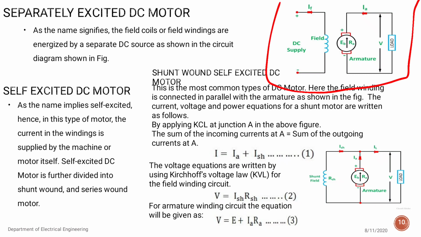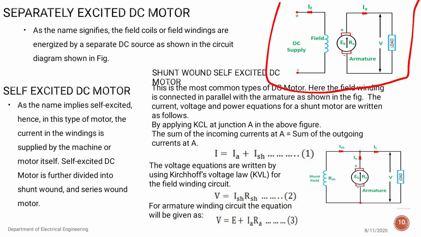As the name signifies, the field coil or field winding of the motor is energized by a separate DC source, or we can say an external battery circuit is used to excite the field winding. All these things are the same as in a generator.